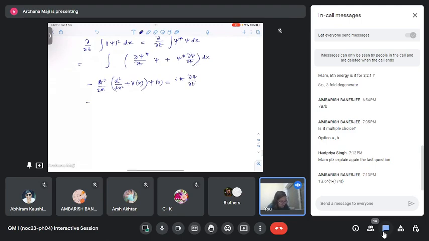So del psi over del t we can replace there. This minus 1 I can write as i square, and then that i on the right hand side gets cancelled. I'm left with i h cross over twice m.